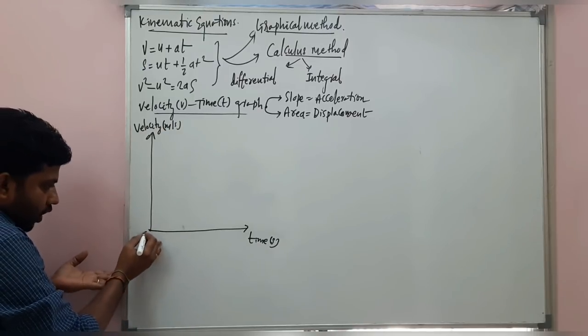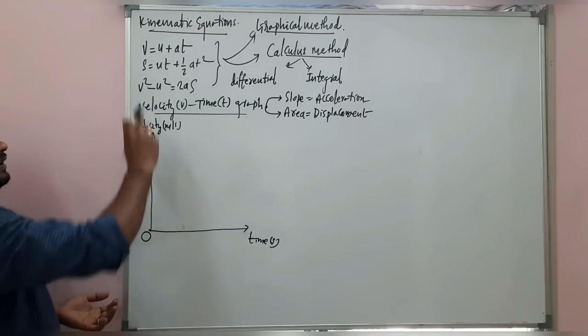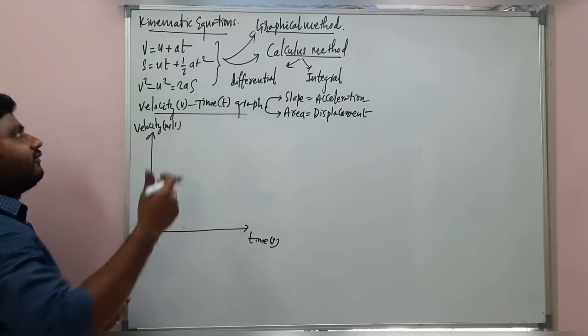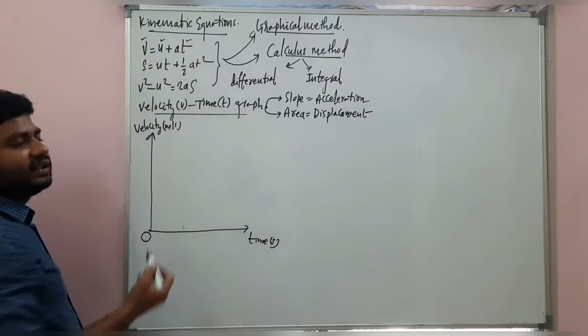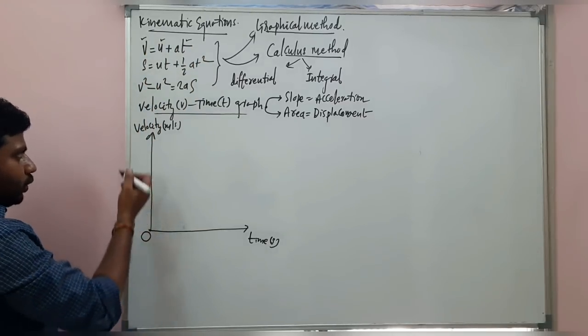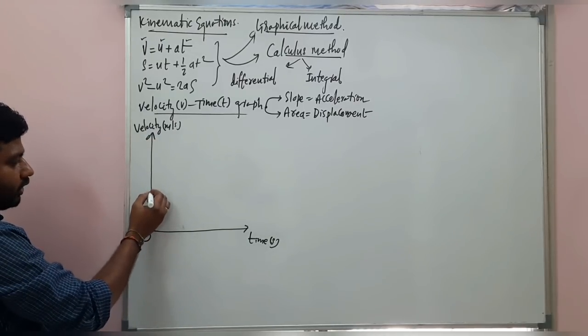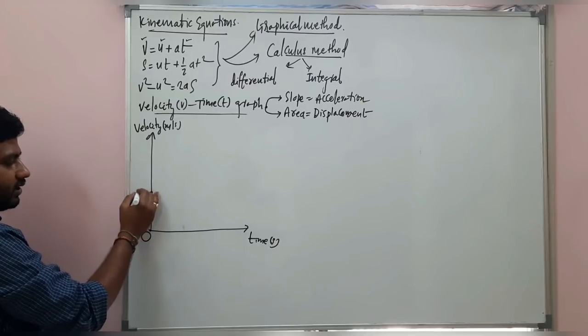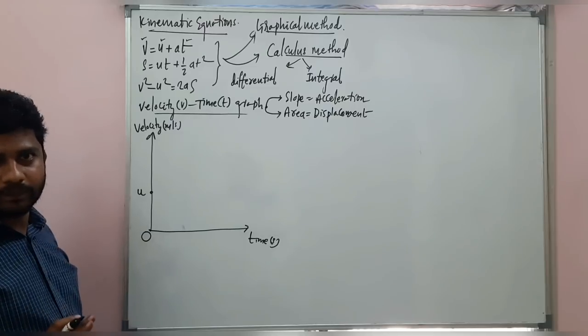This is origin. Now, our kinematic equations will have terms like initial velocity, final velocity, time. So I am considering that the body is not starting from origin, and the body is moving from some initial velocity u, not from zero.